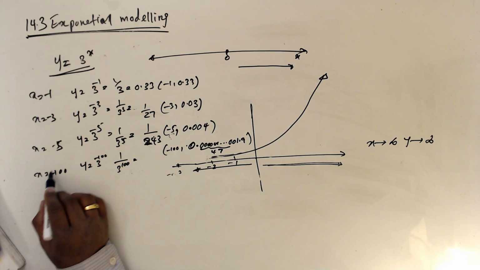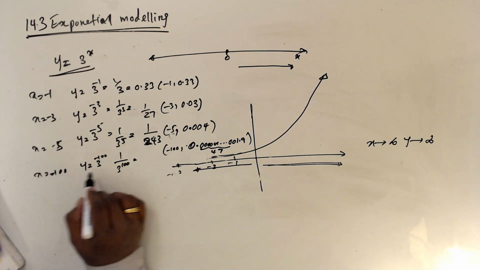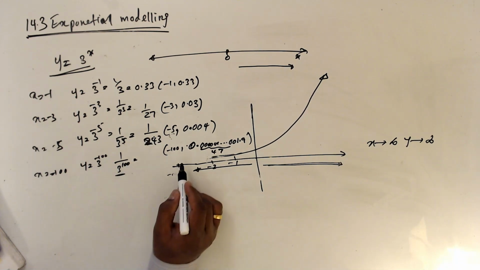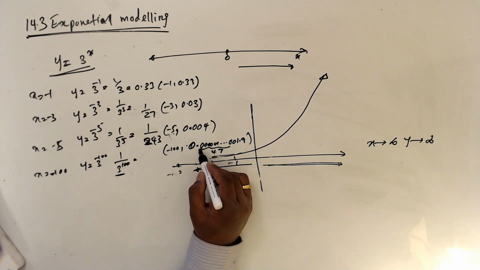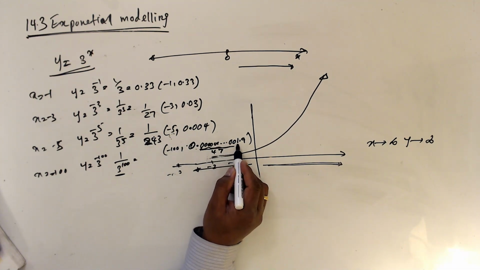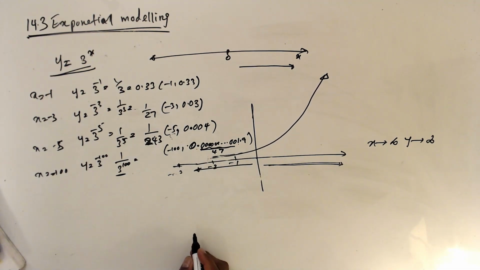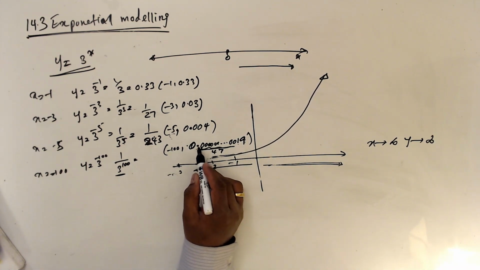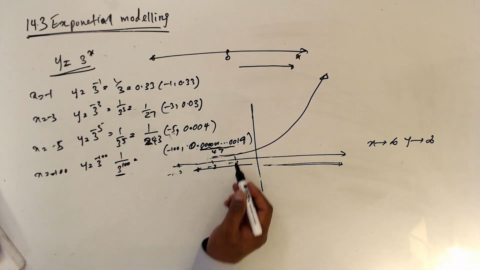Then I take another value, minus 100. 3 to the power minus 100 means 1 over 3 to the power 100, which is a number with about 47 zeros after the decimal point.